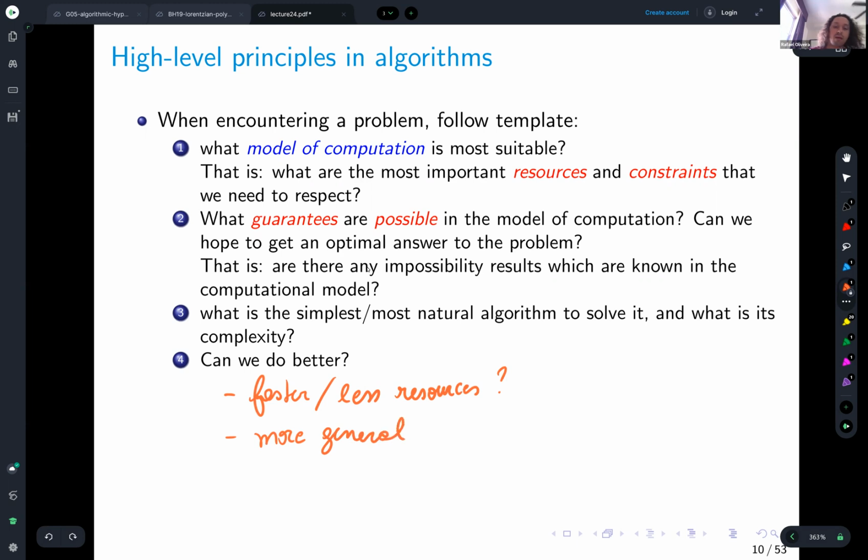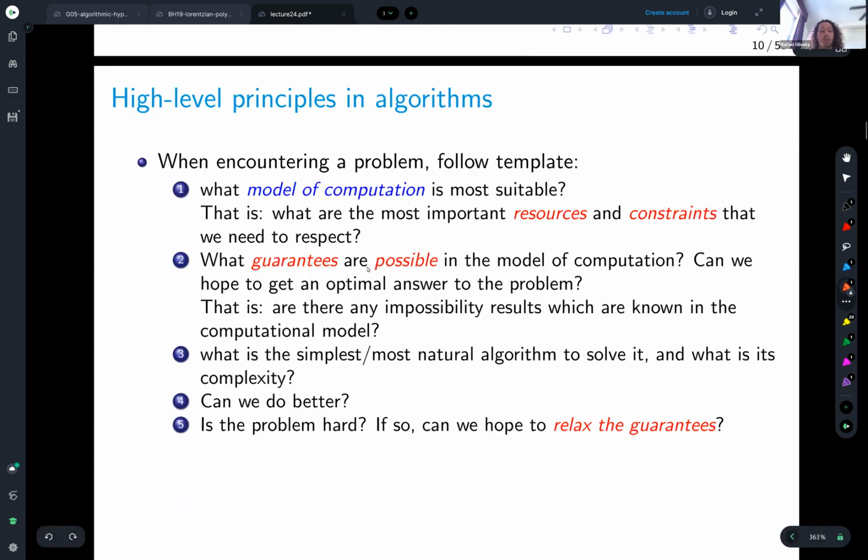If we have an algorithm for a simpler problem, can we get a more general algorithm that works? So the question becomes, can we find a better algorithm?